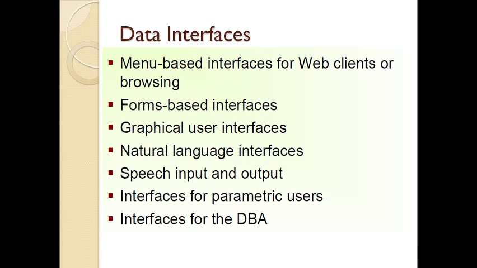When you click on those captcha images, it will accept. That is nothing but the graphical user interface. This graphical user interface can utilize both menus as well as forms. For example, a website can be a graphical user interface which can give information for you.